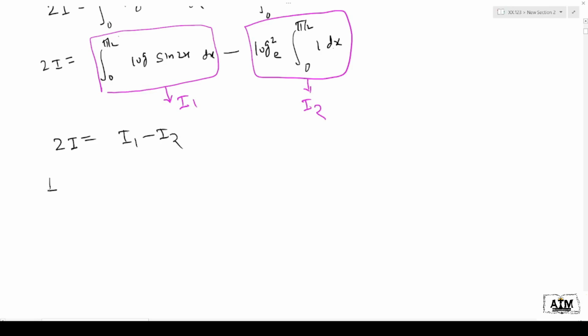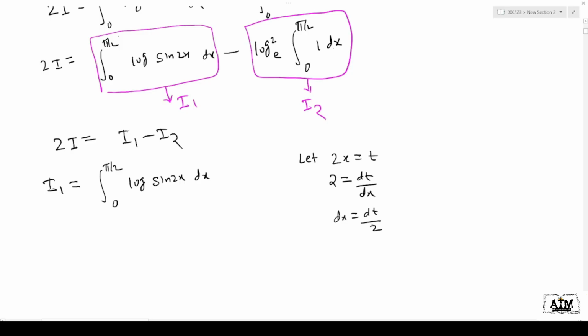Now let us take I1. I1 equals integration 0 to pi by 2 log sin 2x with respect to x. Now we can do this integration by using the substitution method. So let 2x equal t. Differentiating, 2 equals dt by dx, which implies dx equals dt upon 2.